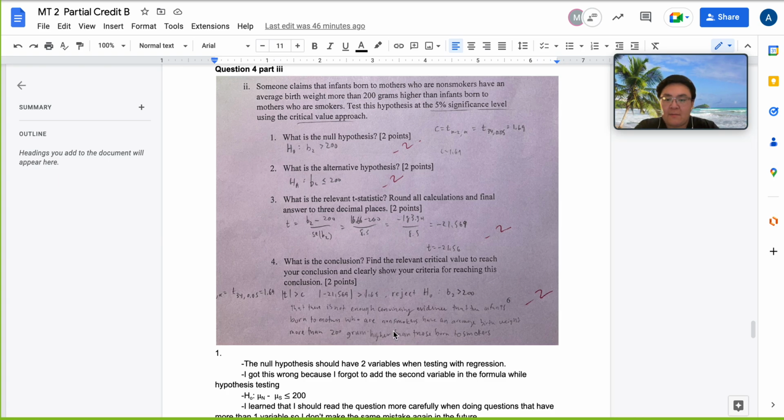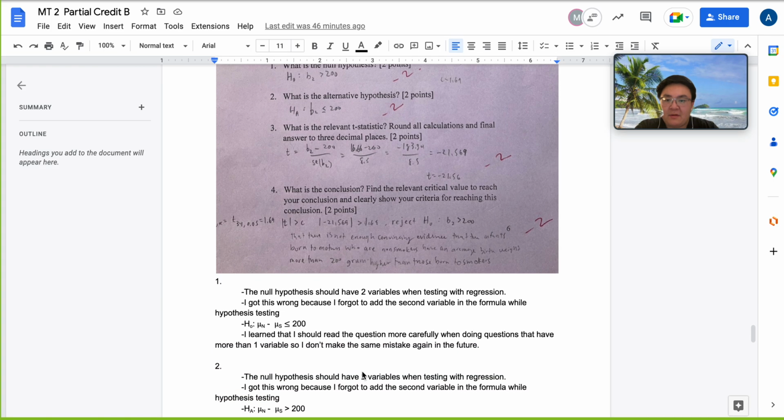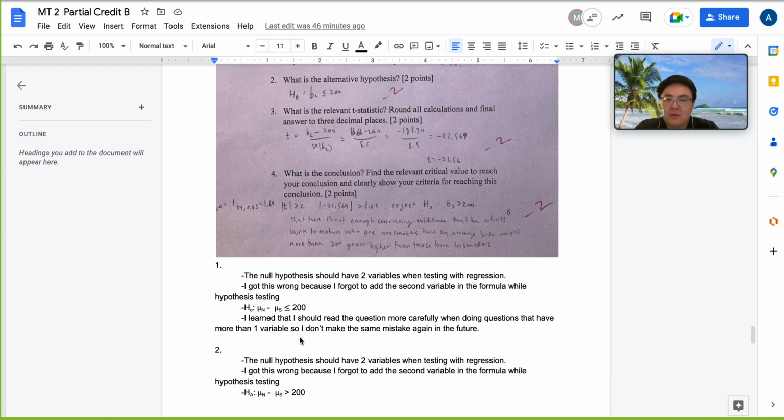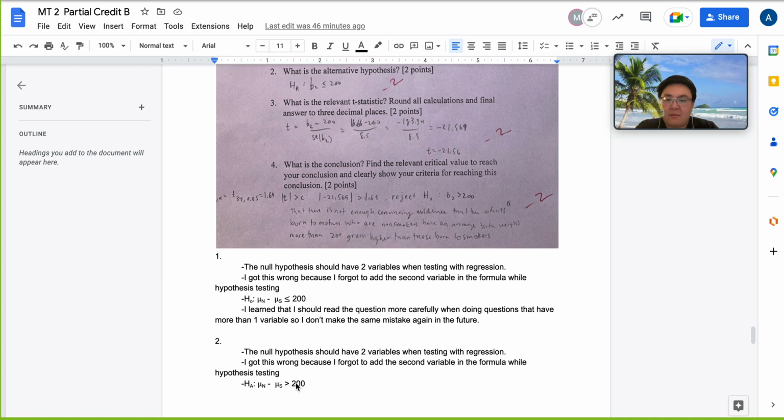So here, the null hypothesis, since this is a bivariate regression, is the mean of non-smokers minus the mean of smokers is less than or equal to 200.